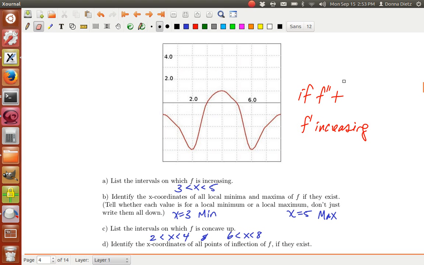All right, let's erase this again. All right, and then it says list all the x coordinates of points of inflection. All right, so that means the maxes and mins of f prime. So if f prime has a max or a min, then f double prime is equal to 0.